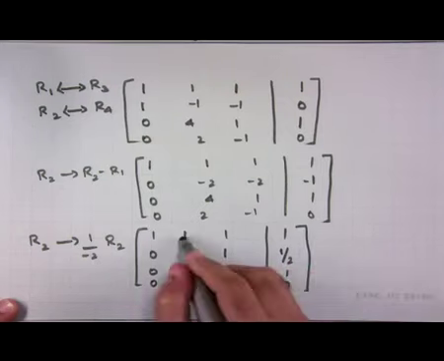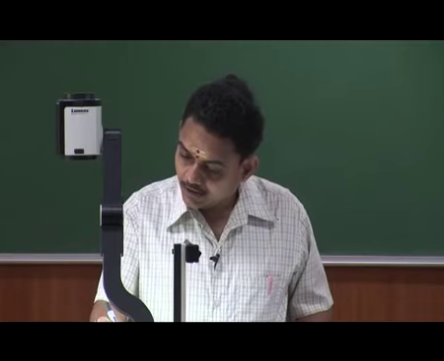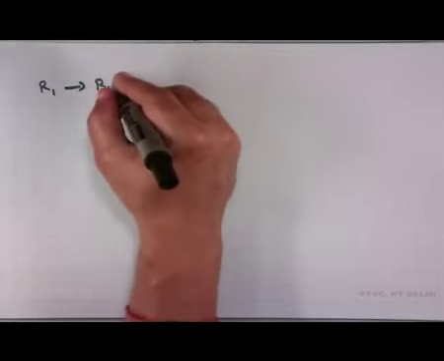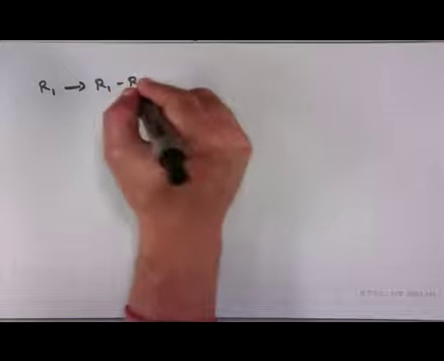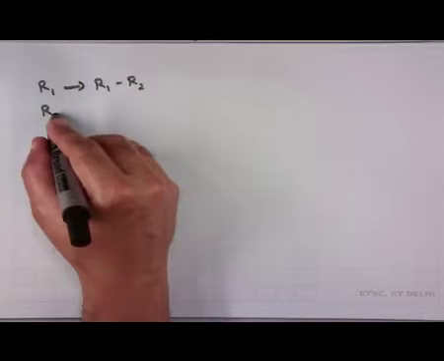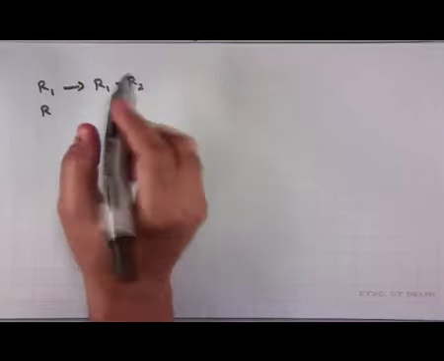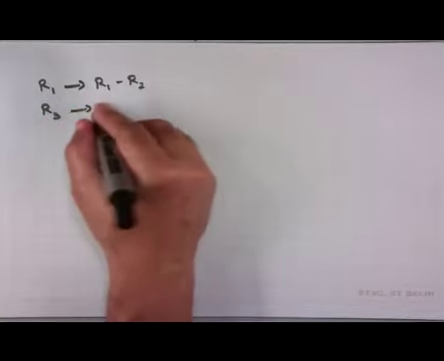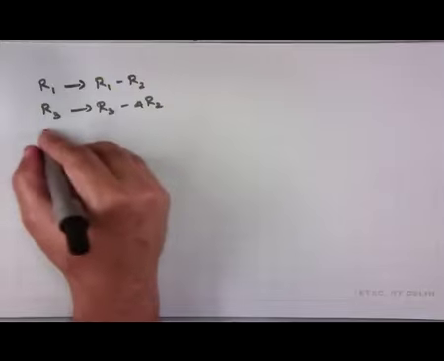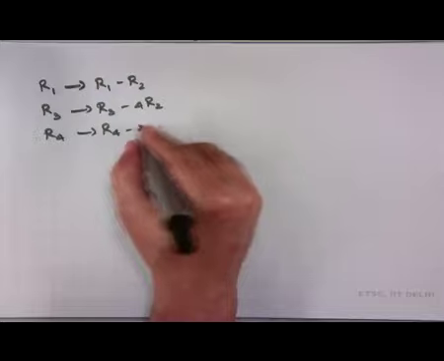Now, let us convert this 1, 4 and 2 into zeros. R 1 is replaced by R 1 minus R 2. Similarly, R 3 is replaced by R 3 minus 4 times R 2, R 4 is replaced by R 4 minus 2 times R 2.